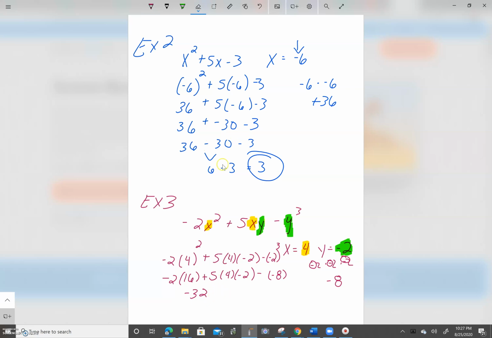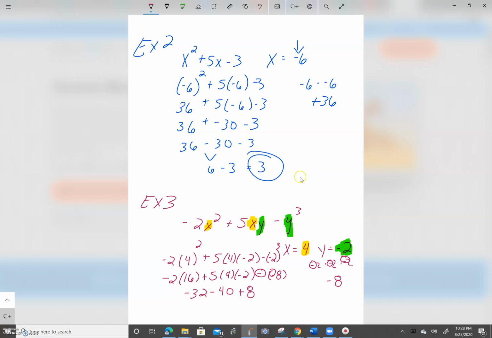I'm just going to put -40. Like I said, whichever makes more sense to you. And then we have this negative times this negative, which actually makes it a positive. So +8 minus a -8 is +8. And then we just go 3.